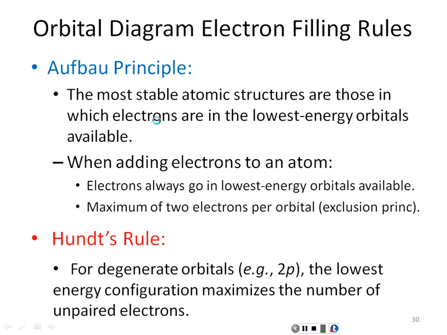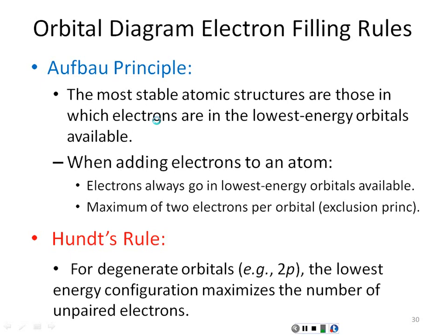So when you're adding, you always go for the lowest energy available orbital. And there's a maximum of 2 electrons per orbital. That's the exclusion principle. We'll mention that again in a minute.